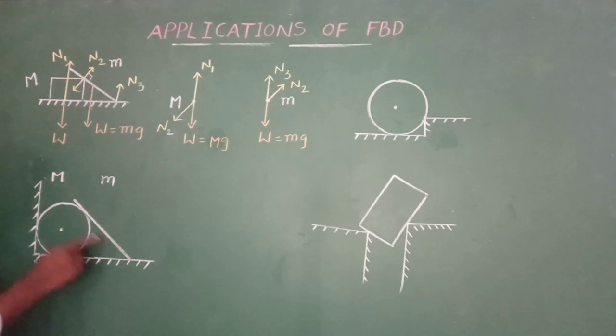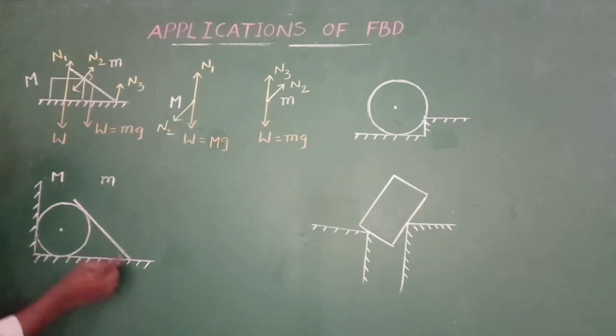The rod has only two contact points, so two normal forces or contact forces. In addition to those forces, weight always acts in the downward direction. So the weight of this sphere acts downward, W is equal to capital Mg.